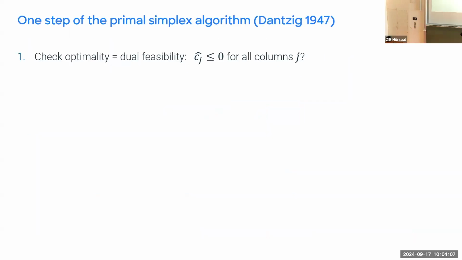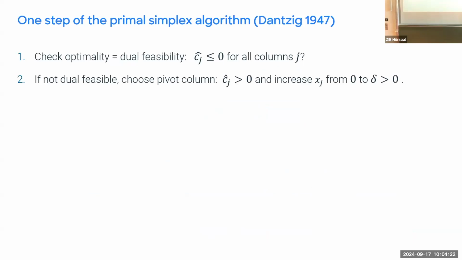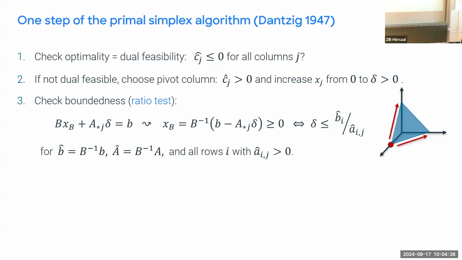Okay. And so now here's a quick summary of the primal simplex algorithm. So first of all, we start with a feasible vertex. We check optimality, which is dual feasibility. Then if not, you increase one variable which has positive reduced cost from 0 to some value delta.